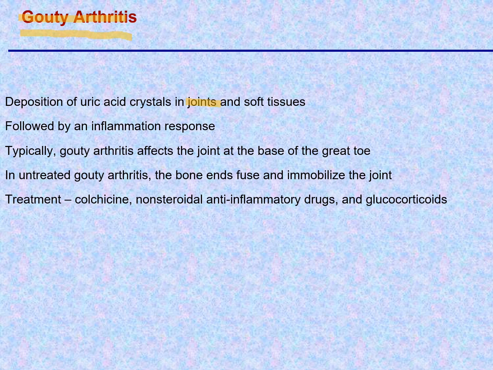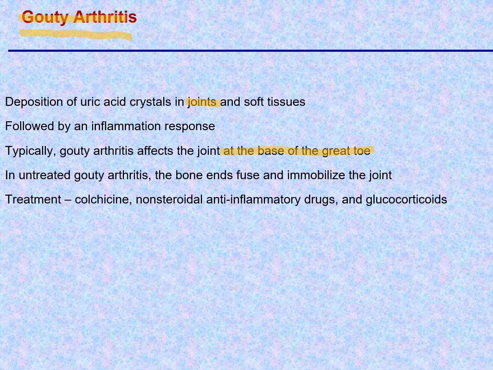Typically, the joint affected is at the base of the large toe, and it's very painful. The typical description of a patient with gout is that they can't even tolerate the pain of the weight of a sheet lying on top of their toe as they lie in bed on their back.